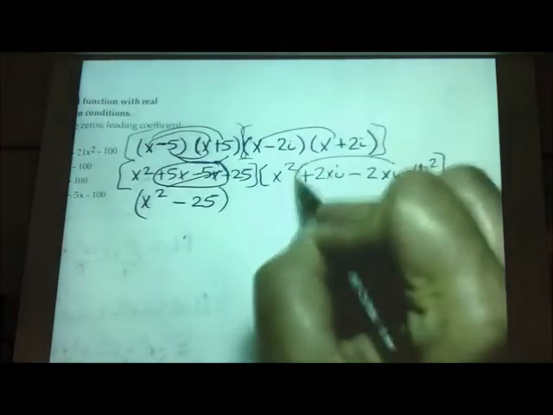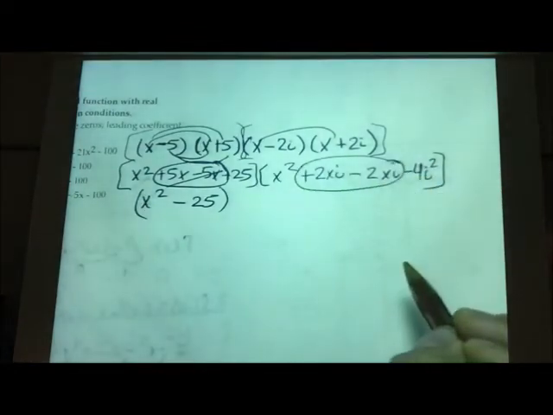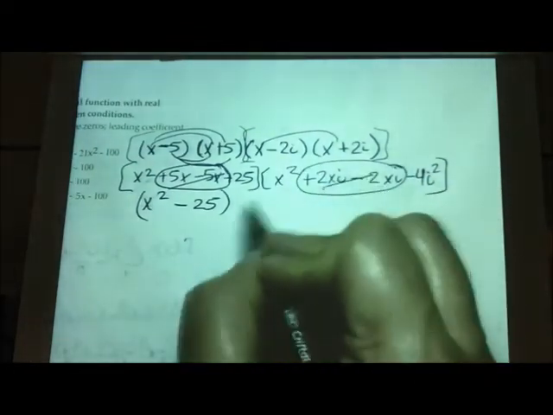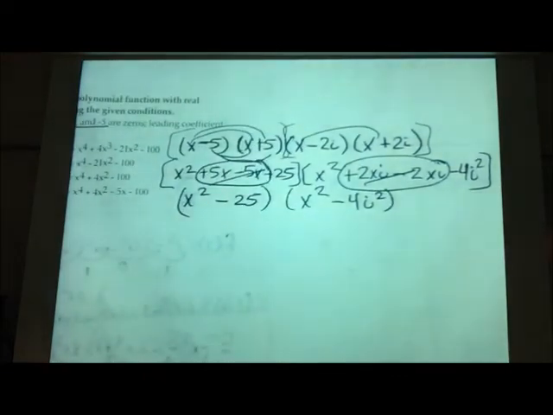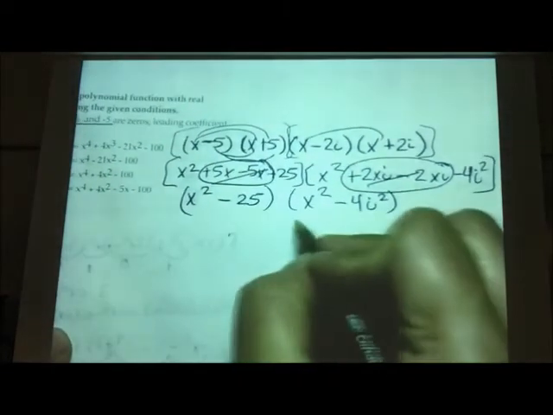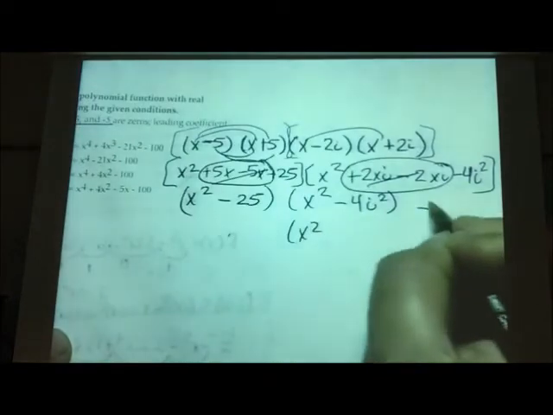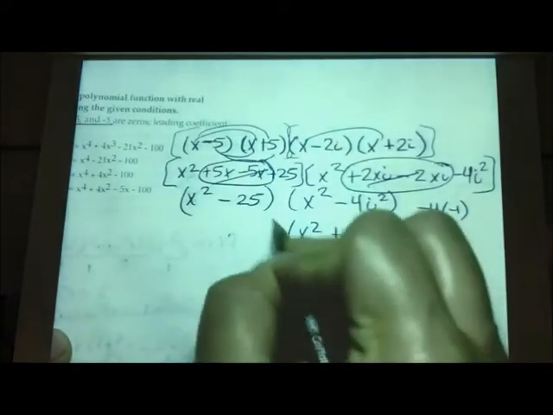Our two middle terms here also cancel. So I'm just left over with x squared minus 4i squared. But i squared, from what we've learned, is a negative 1. So negative 4 times a negative 1 becomes a positive 4.